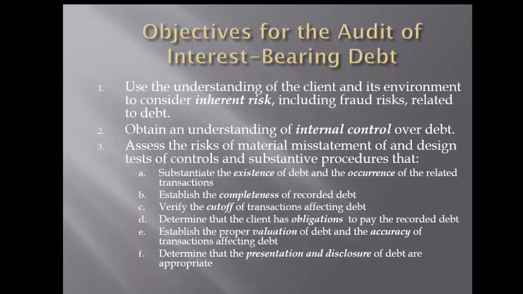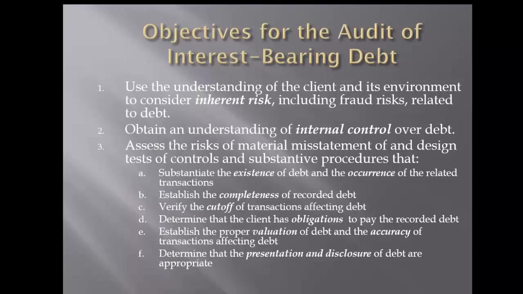Okay, so from a control perspective, what we're looking at, obviously, is the inherent risk and the control risk. We need to understand the client and its environment related to fraud, related to this debt. Obtain an understanding of internal controls, assess the risk, and once we assess this risk, we determine our substantive testing.